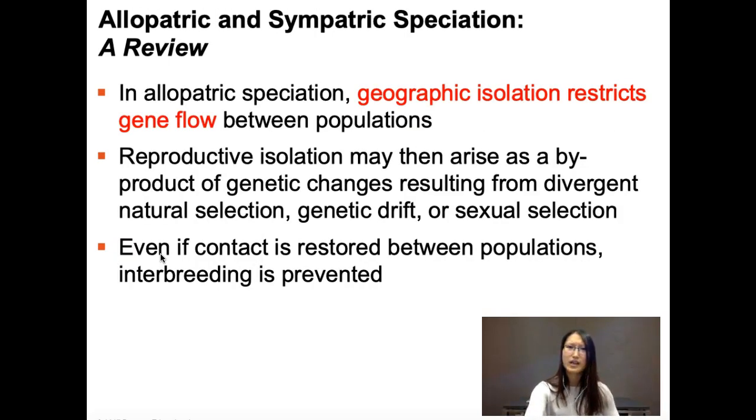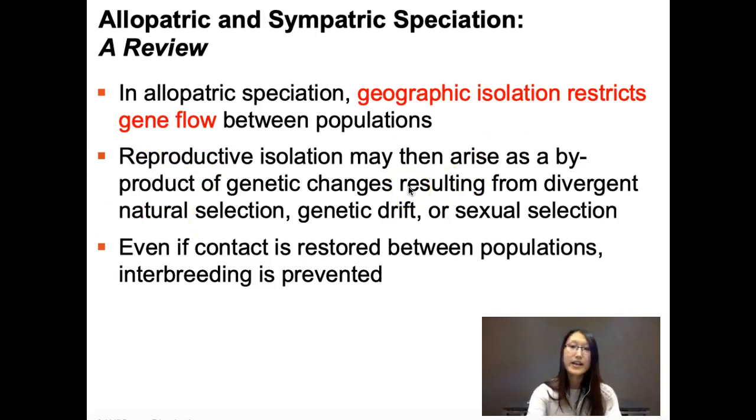I don't remember. So now here's a review for allopatric versus sympatric speciation. Allopatric speciation: geographical isolation restricts gene flow. That's the most important part, right? This is all about allopatric speciation. Reproductive isolation may arise as a byproduct.